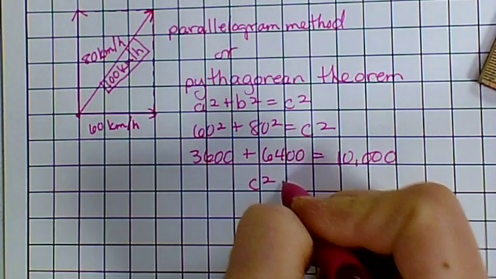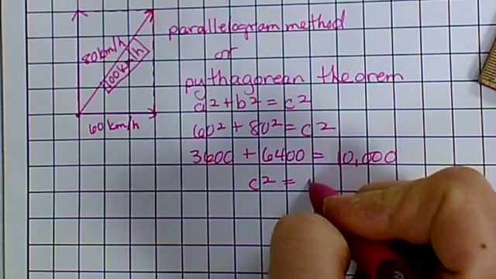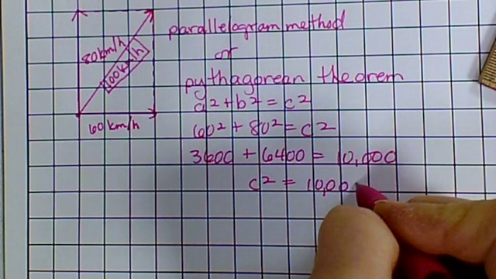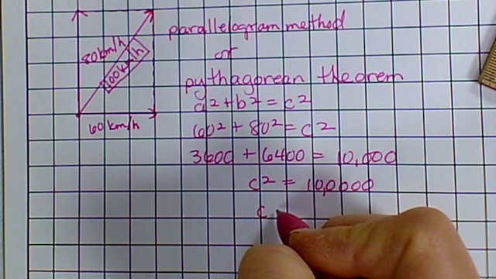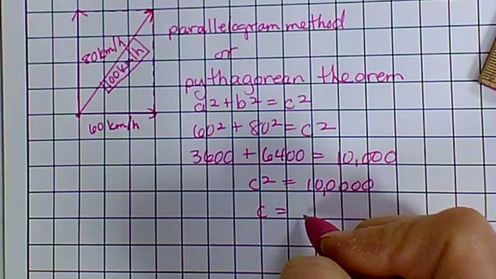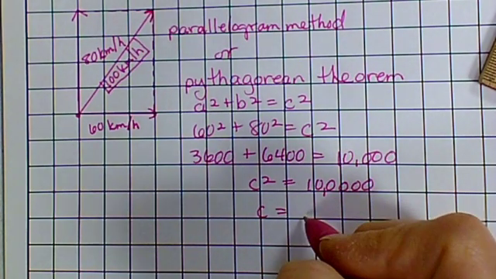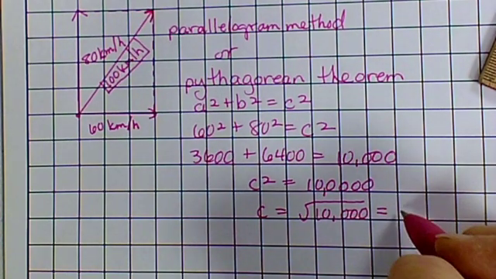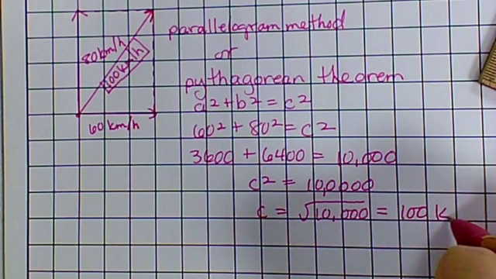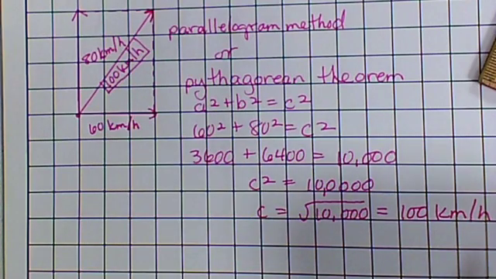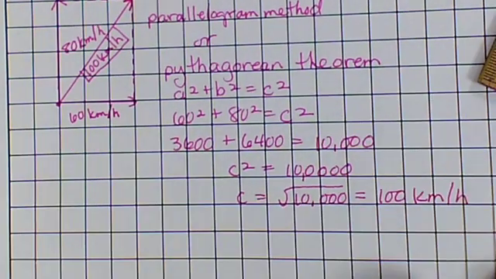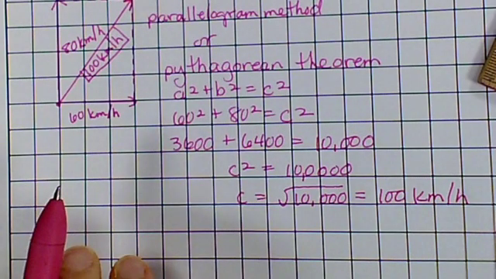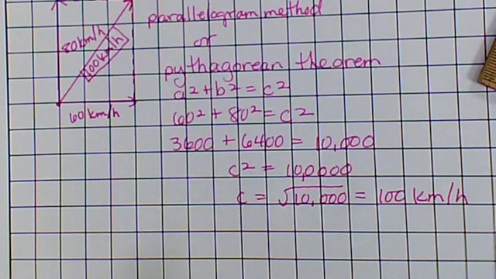So c squared equals 10,000, and c is the square root of 10,000, which is 100. So we get the same answer using either method. We can use graph paper or we could use the Pythagorean theorem.